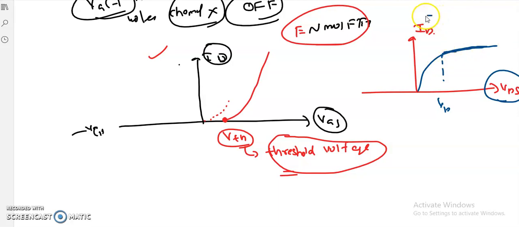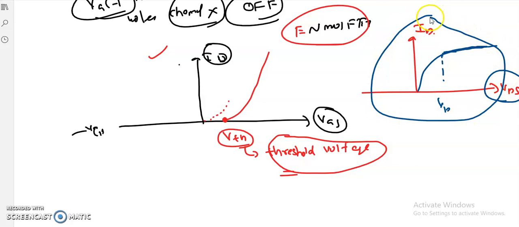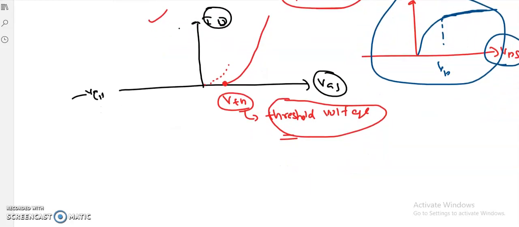So the output characteristics of the enhancement MOSFET or the depletion MOSFET is the same as the JFET, but the transfer characteristics change somewhat when comparing the JFET and the MOSFET.